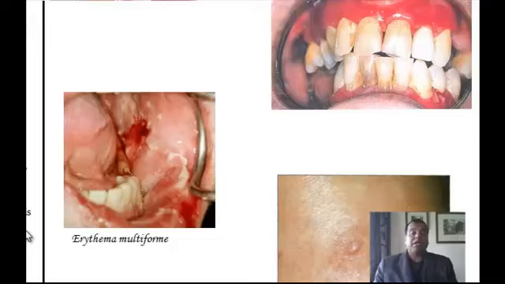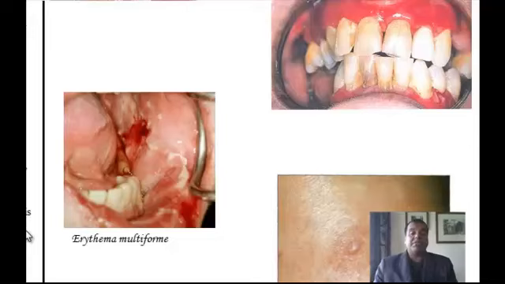The minor form affects one site, mainly lips cracked and bleeding, ulcers are diffused, widespread, rashes, target lesions, ocular and genital lesions.